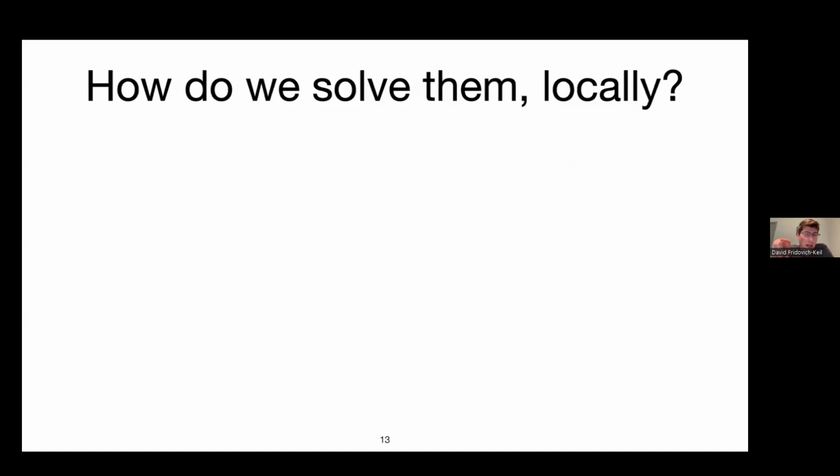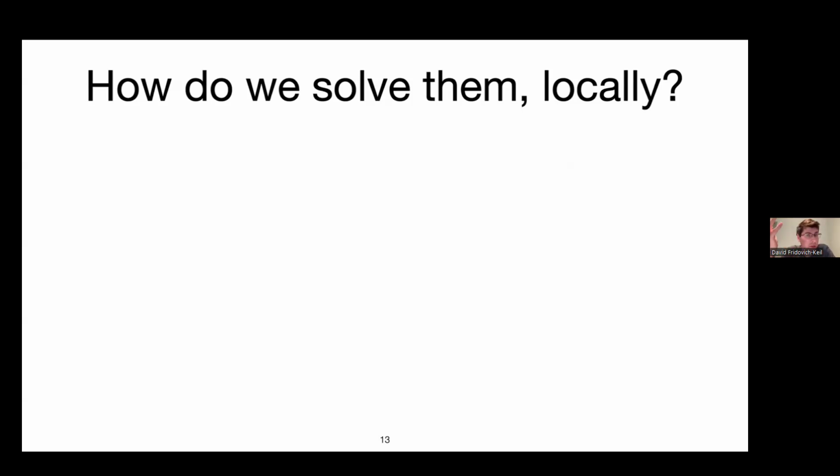So what's happened in the last 10 years, let's say, is people have become more interested in different types of solutions than what are called global Nash. And what I mean here is, in the same sense of a local optimum in an optimization problem, you can define a similar concept of local equilibrium in a game.